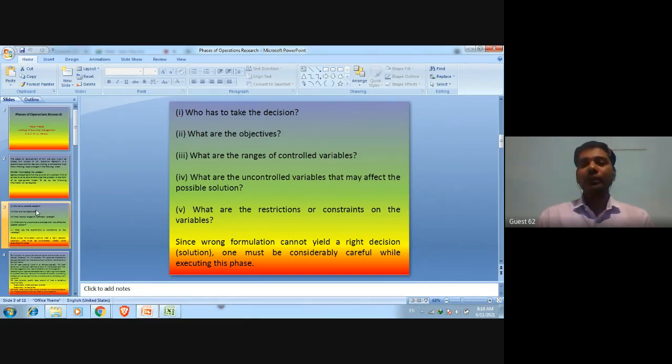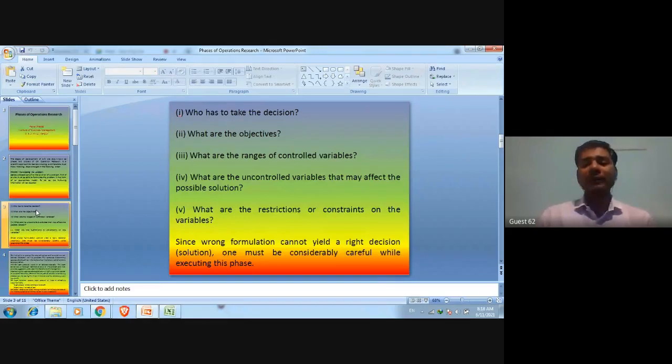So this type of factor can affect it. Besides the economic factor, tax laws can also be changed by the government, so this factor can also affect your possible solution. And political factor, technological factor, societal factor. All these factors which you cannot control are called external factors or uncontrolled variables.